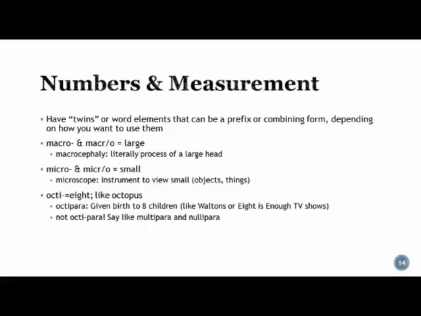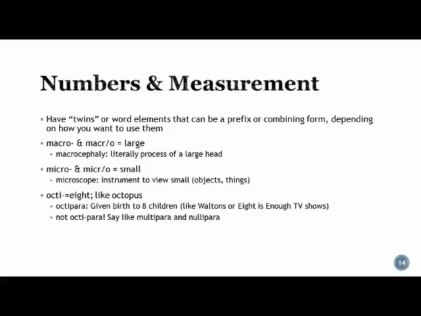So macro means large, and you knew micro meant small. So macrocephaly, y is the process of, cephalo means head, so this person has a large head. Microscope, you know, is an instrument used to view small things.